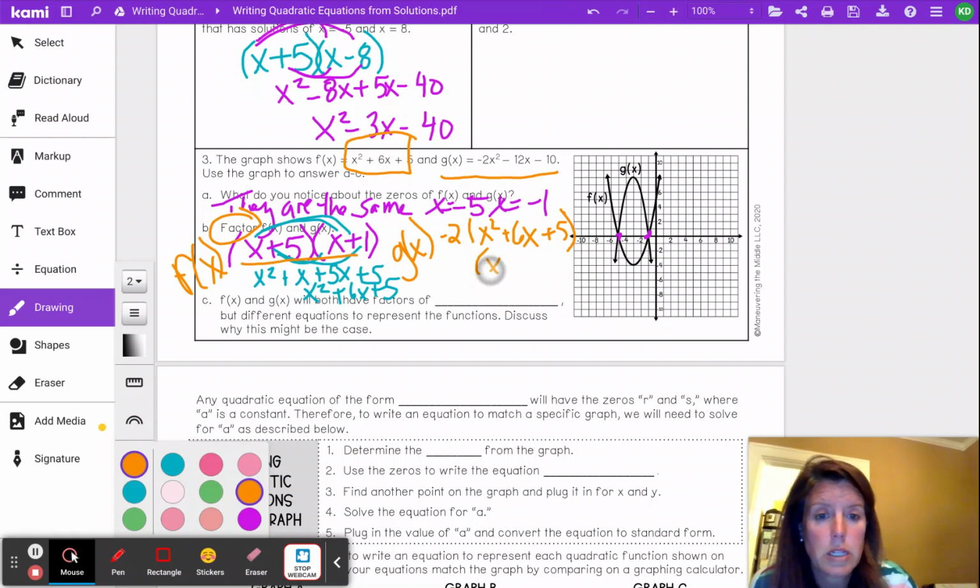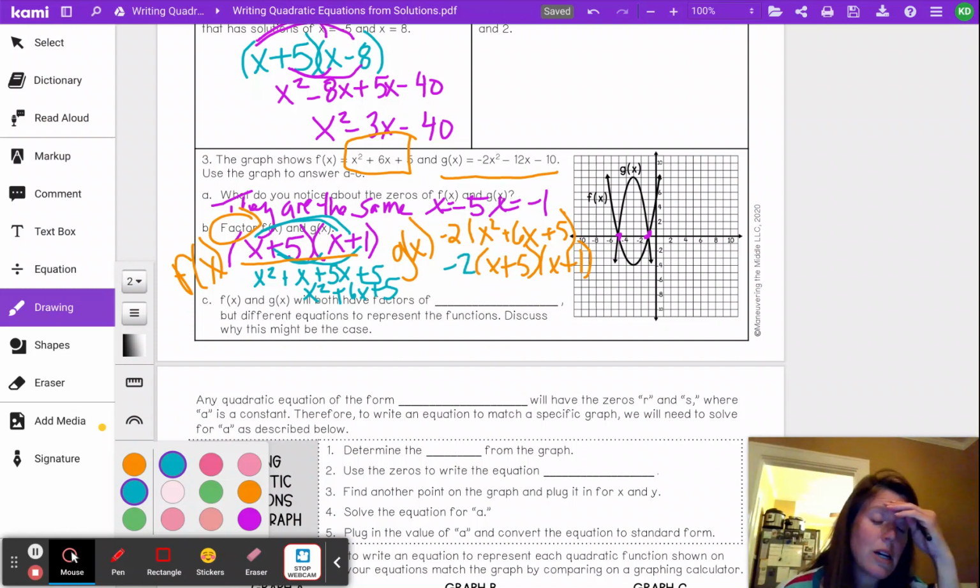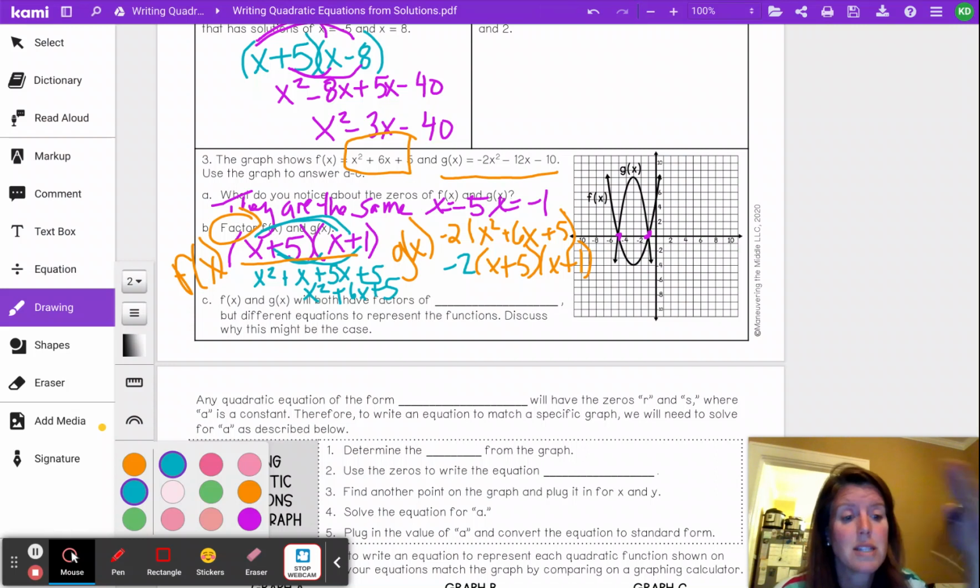So it's just x plus 5 and then x plus 1. And then on the outside, we've got our -2 right here, because when we put it in our standard form, we need that leading coefficient to be negative because it is an upside down parabola.